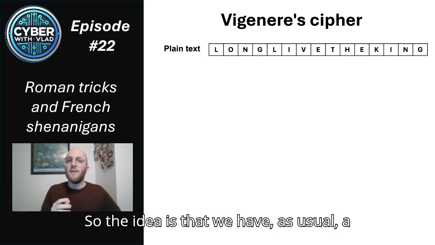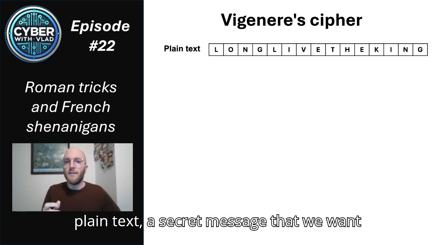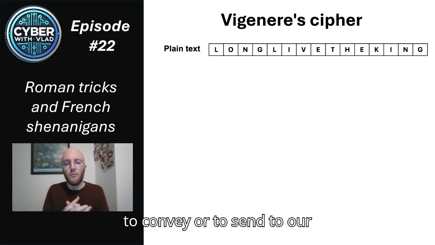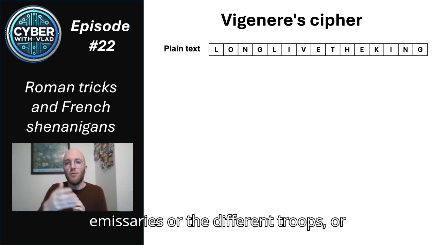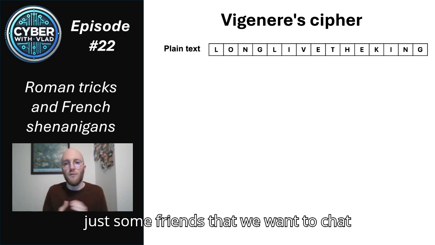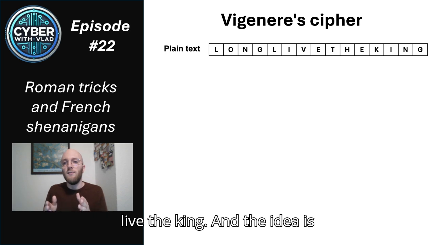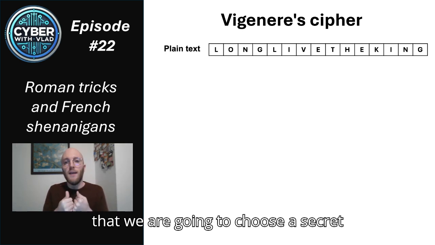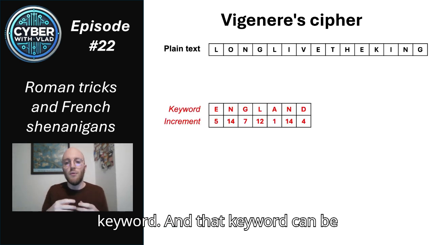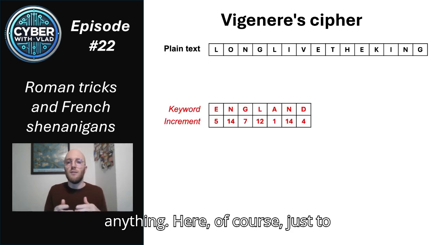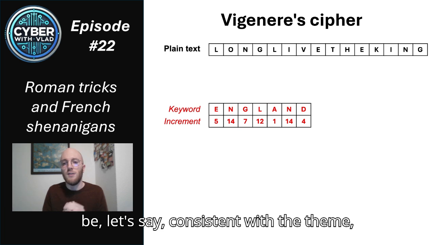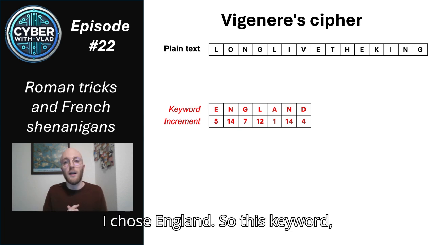So the idea is that we have, as usual, a plain text, a secret message that we want to convey or send to our emissaries or the different troops or just some friends that we want to chat with. Here I took the example of "Long live the king." And the idea is that we are going to choose a secret keyword, and that keyword can be anything. Here, of course, just to be consistent with the theme, I chose England.